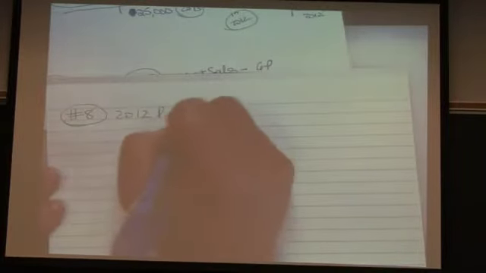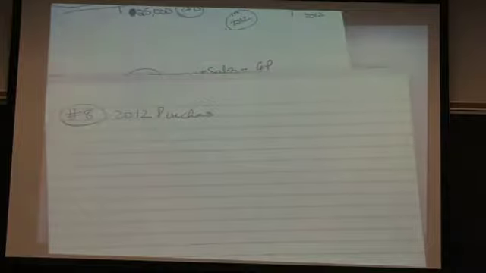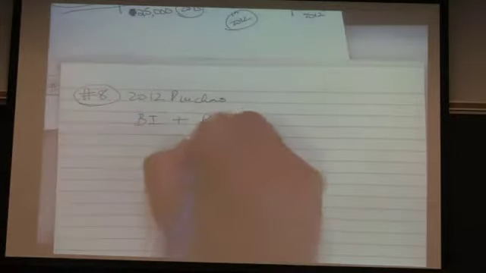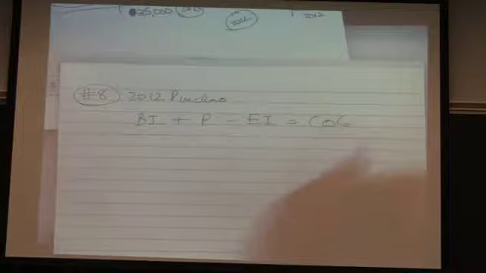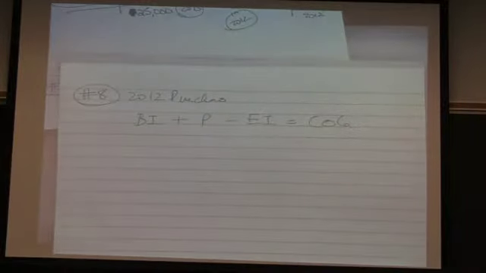So let's go and find number 8. So again, for number 8, we need the 2012 purchases. That's what we're looking for, right? So let's go back to that basic equation. Beginning inventory plus purchases minus ending inventory gives you cost of goods sold. Do we know the 2012 cost of goods sold? Yes.